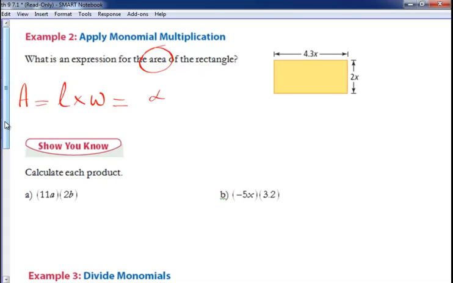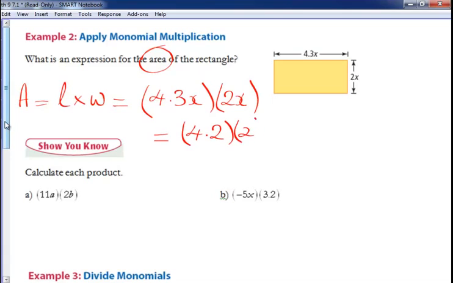Our length is actually a monomial, 4.2x. Coefficient is 4.2, isn't it? And then our width, or maybe our height, is 2 times x. Now, putting down 4.2 times 2, and then we've got x times x.